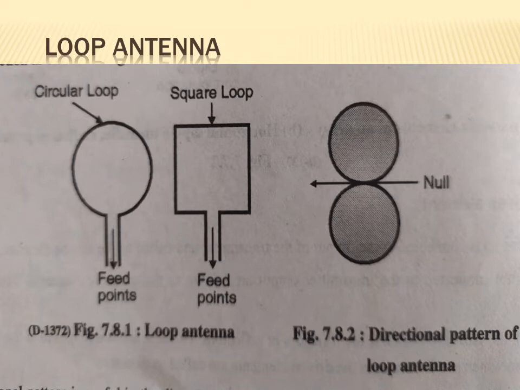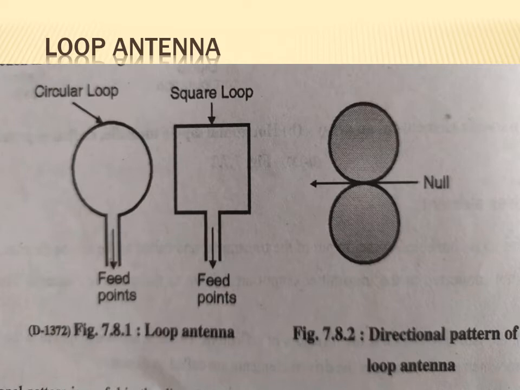A simple direction finding equipment consists of a small loop which is mounted vertically and can be rotated about the vertical axis.